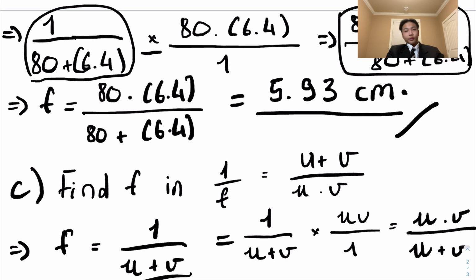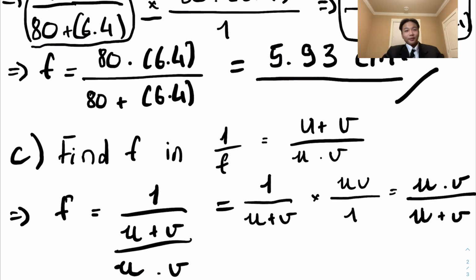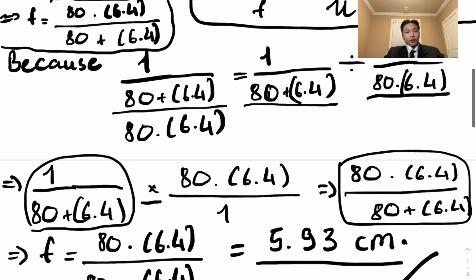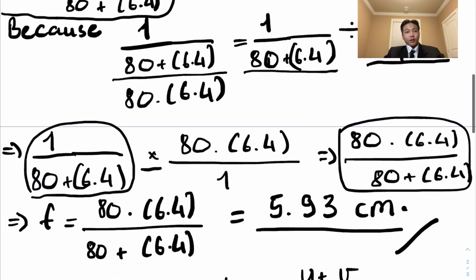And for the last part, which is part C, the question asks us to find the rational expression for f in 1 over f equals u plus v over u times v. As I mentioned above, this is exactly the situation in part B. If you don't get it, I will demonstrate it for you, don't worry.